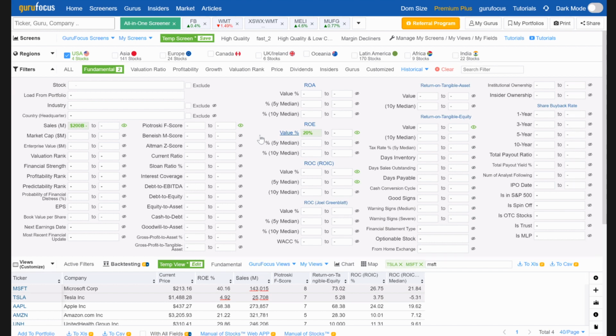It cannot be done with the current screener, but we're adding a feature that will allow you to do it. You will be able to screen for company sales growing 10% every year for the last 10 years. You can also screen for profit margin, for instance operating margin, of 10% every year for the last 10 years, something like that.